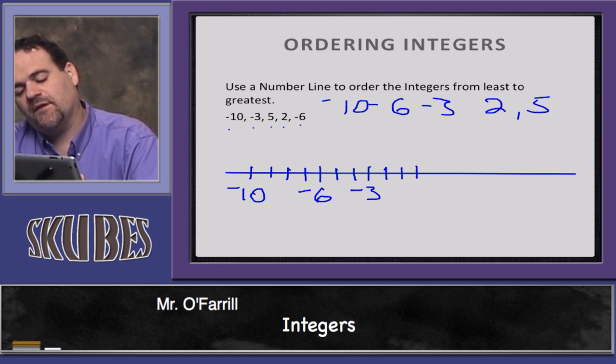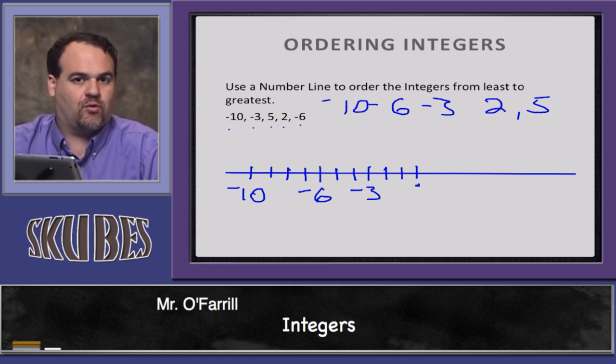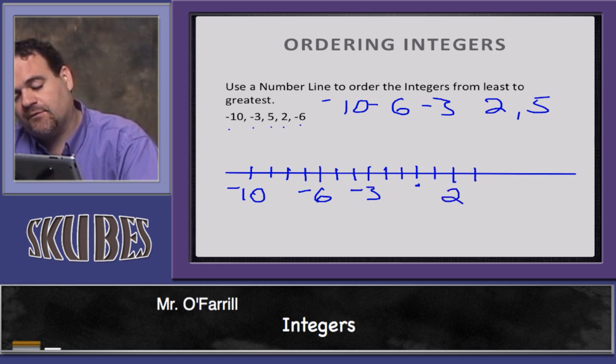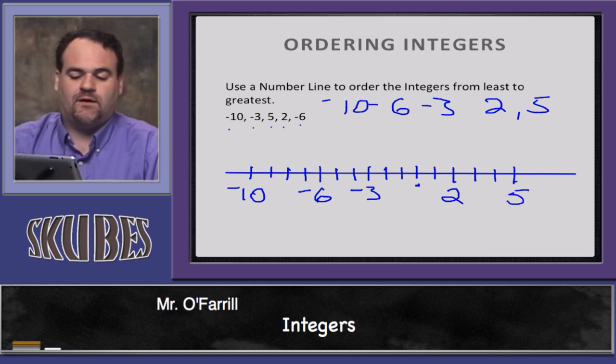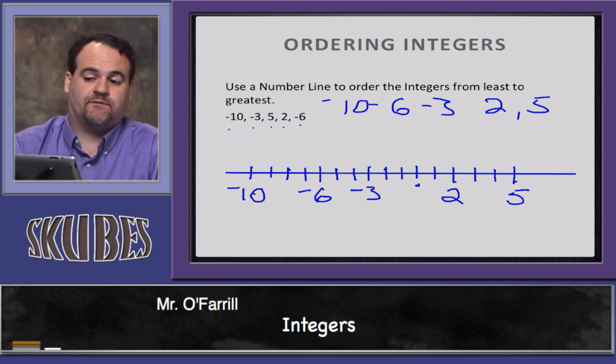And I know 0 isn't one that we had to do, but I'm going to put a little special mark there just to say that that's an important place because now we're changing from negative to positive. 1, 2, 3, 4, 5. And there we go. They're in order on a number line from least to greatest, just from smallest to largest.